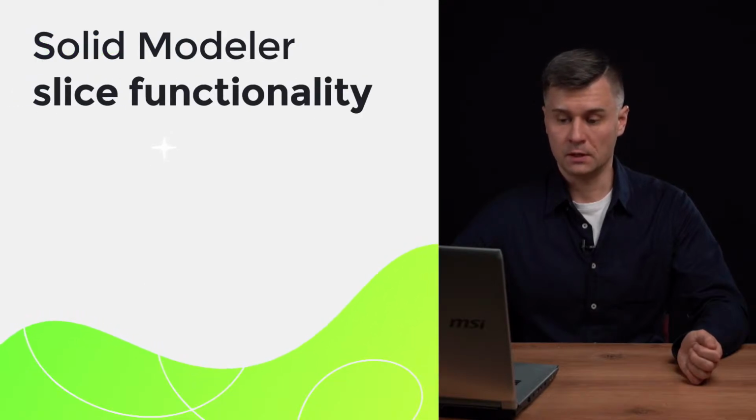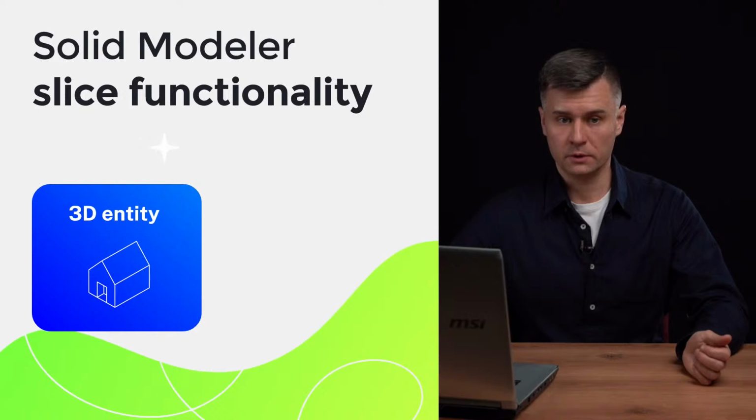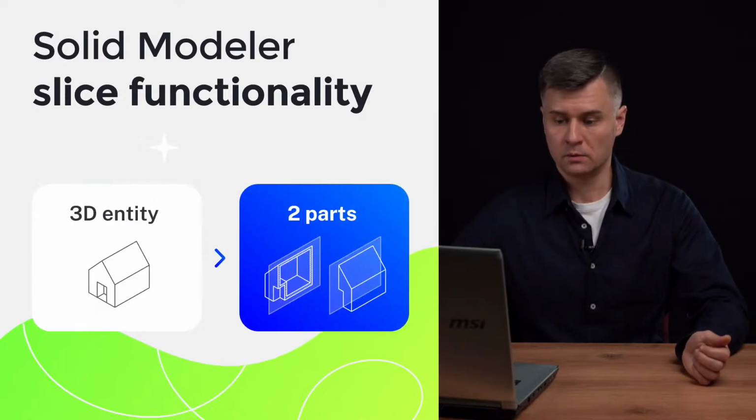Next item, slice functionality is one more feature worth mentioning, because using extrude, revolve and slice, you can model a wide range of real-life elements, including pipes, tanks, fitting connections, basements, and more.